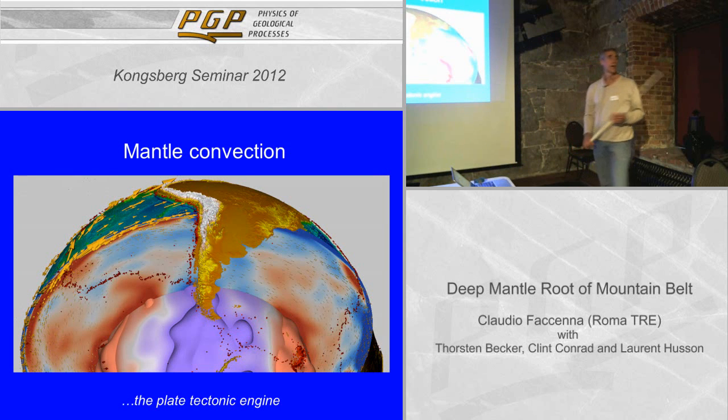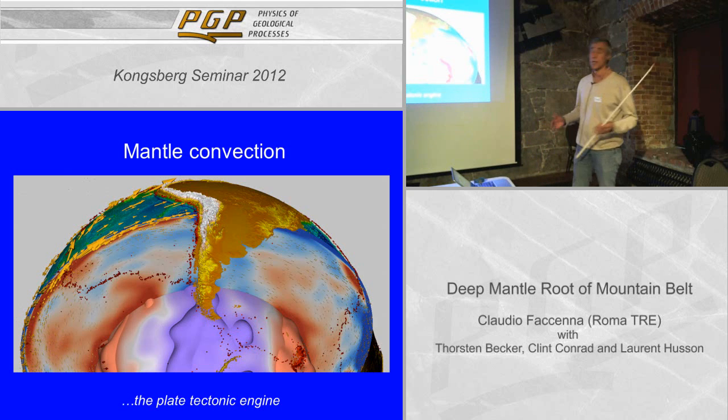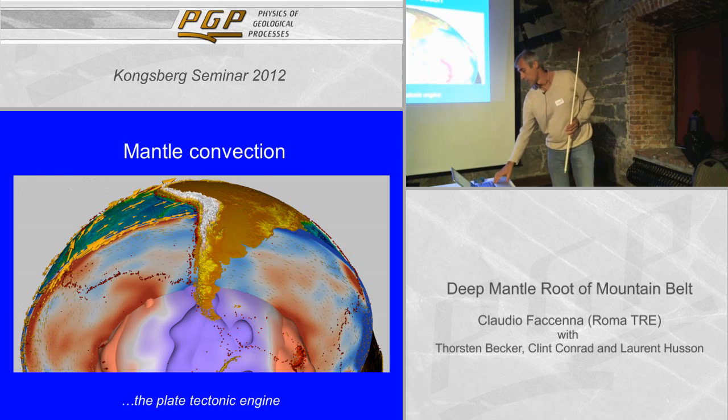During the previous talks, we heard about the importance of mantle convection in shaping our Earth, as a dynamic engine, and we are pretty sure that it represents the plate tectonic engine.